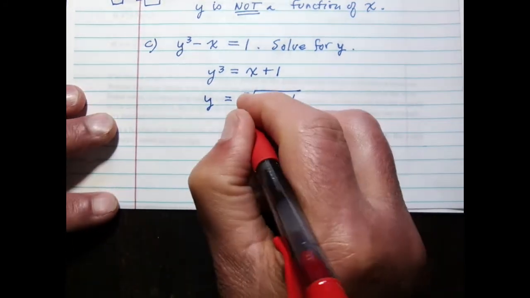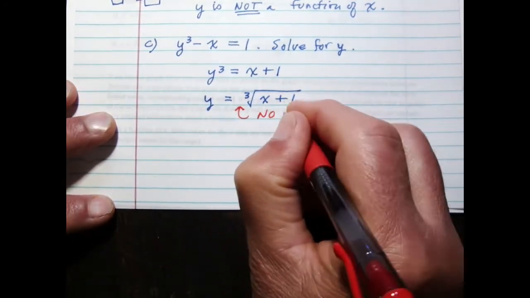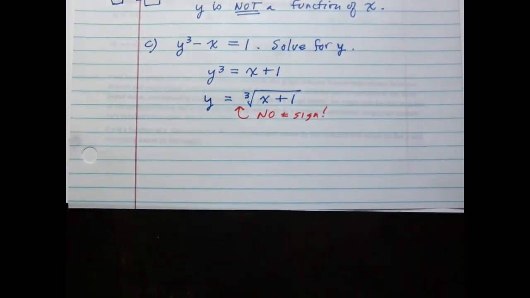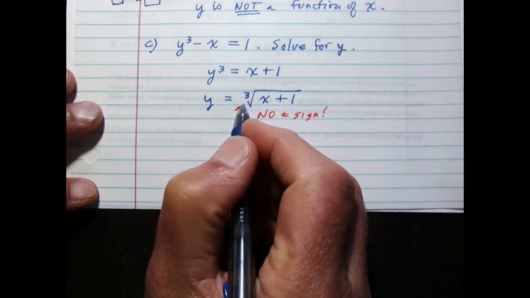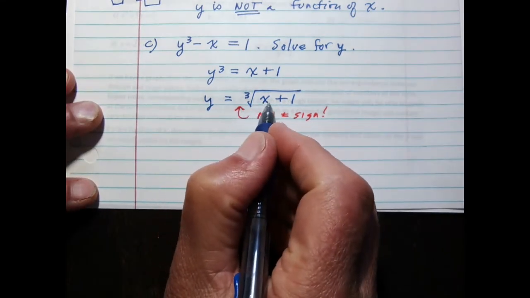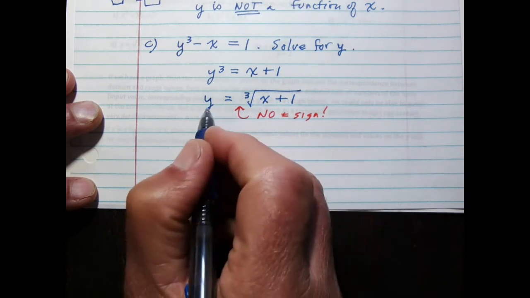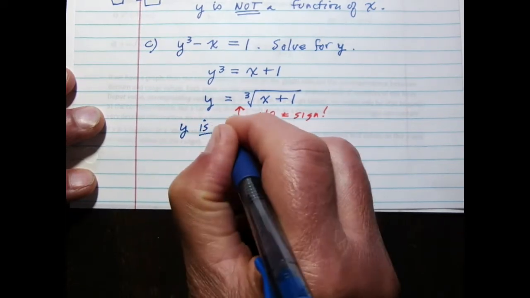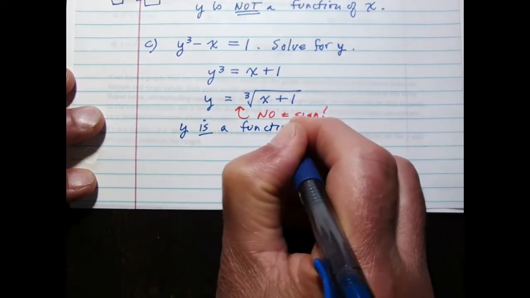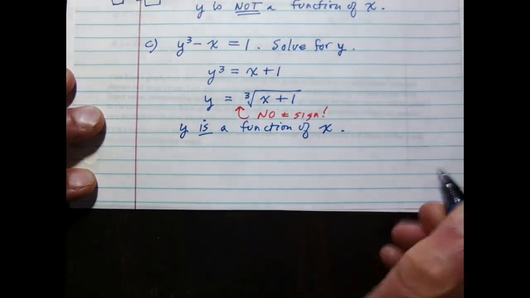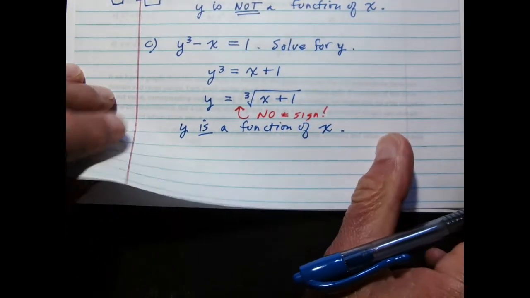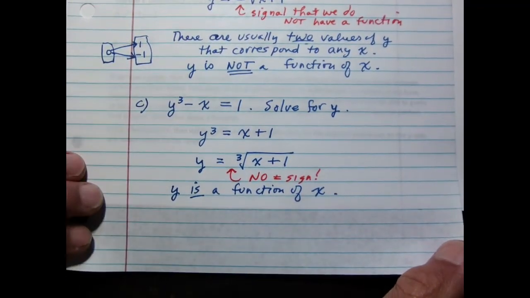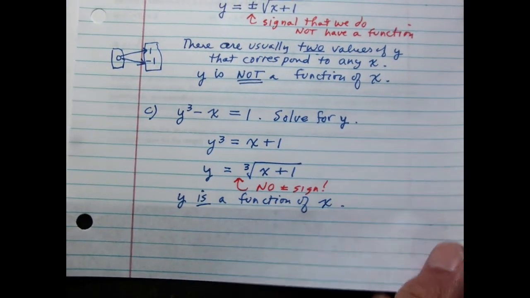With cube roots, there is no plus or minus sign. So here, because there's no plus or minus sign, a given value of x corresponds to just one value of y. So y is a function of x here. So you need to know there's no plus or minus sign there on the cube root to see that this is a function. Okay, that's C.